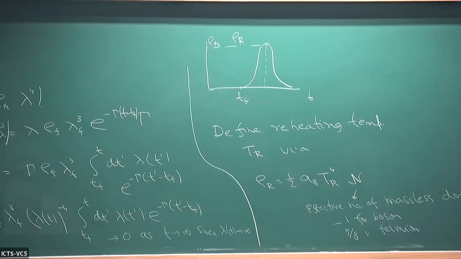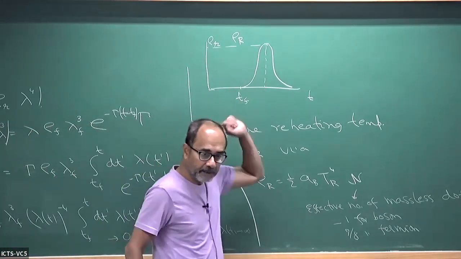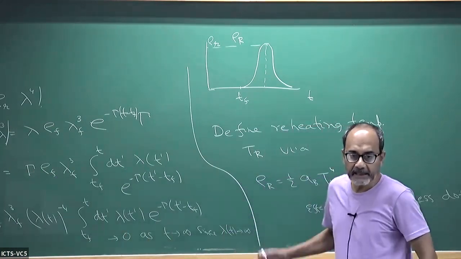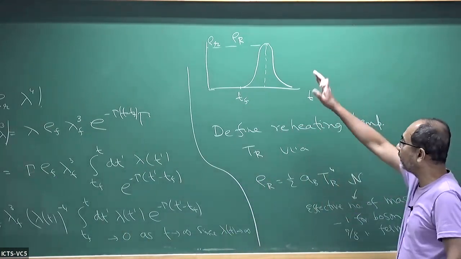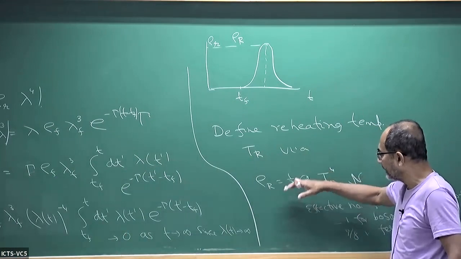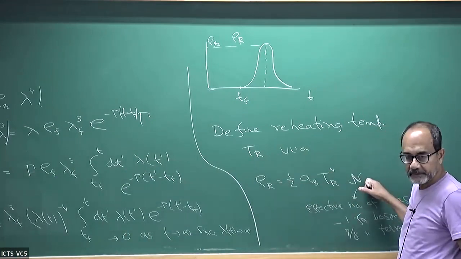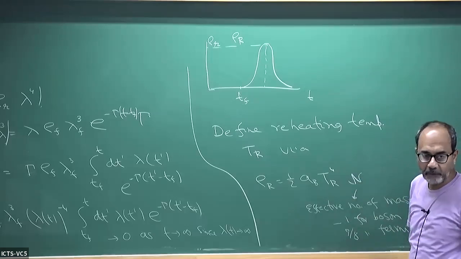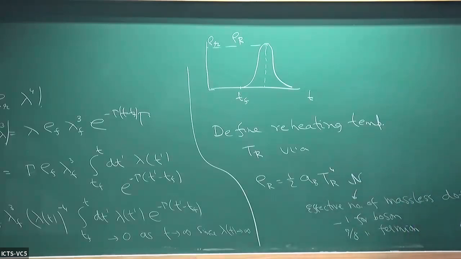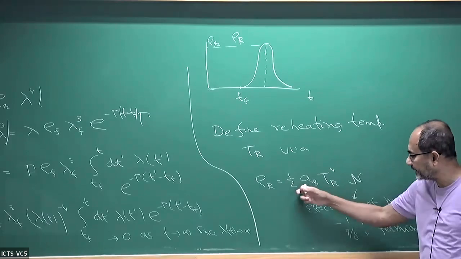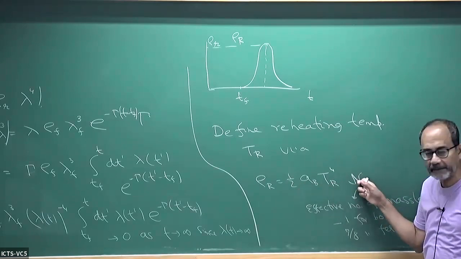So rho r reaches a peak value at some point, and for any rho r, of course, you can define T_R by this relation, because that's the formula for radiation. The temperature of the radiation is related to the energy density by this factor times the effective number of degrees of freedom.